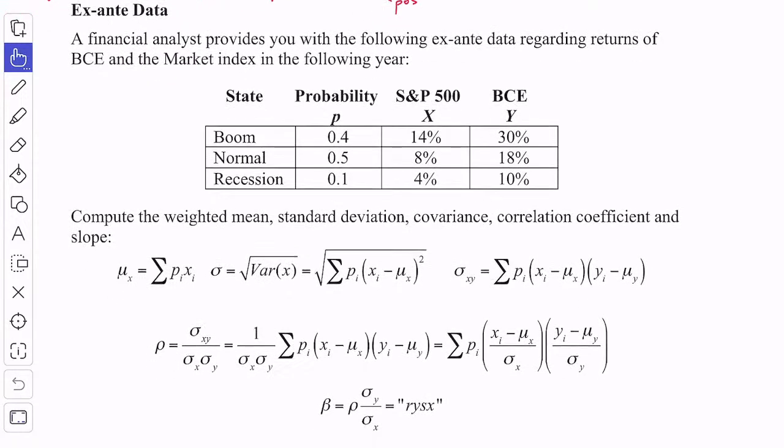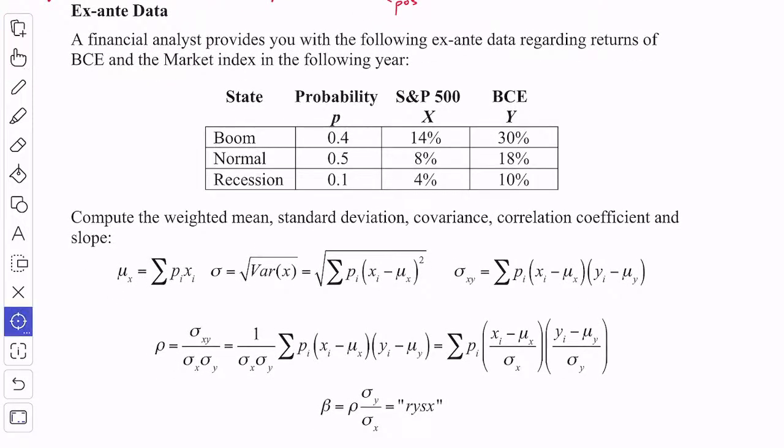This is known as ex ante data. Ex post would be after the fact, so this is before the fact data, and what I'm presenting you here is a distribution of possible outcomes. There are only 3.